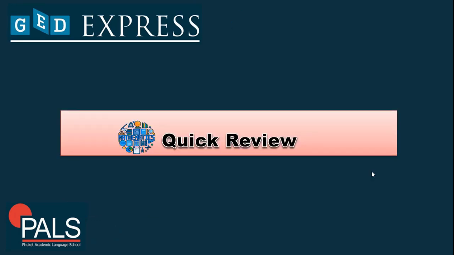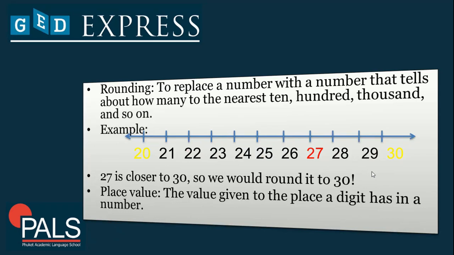Now let's have a quick review. We have here a number line. Now in rounding, to replace a number with a number that tells about how many to the nearest 10, 100, or 1000 and so on, you need to consider which one is nearer to that number that you are rounding. For example, we have here this number which is 27.